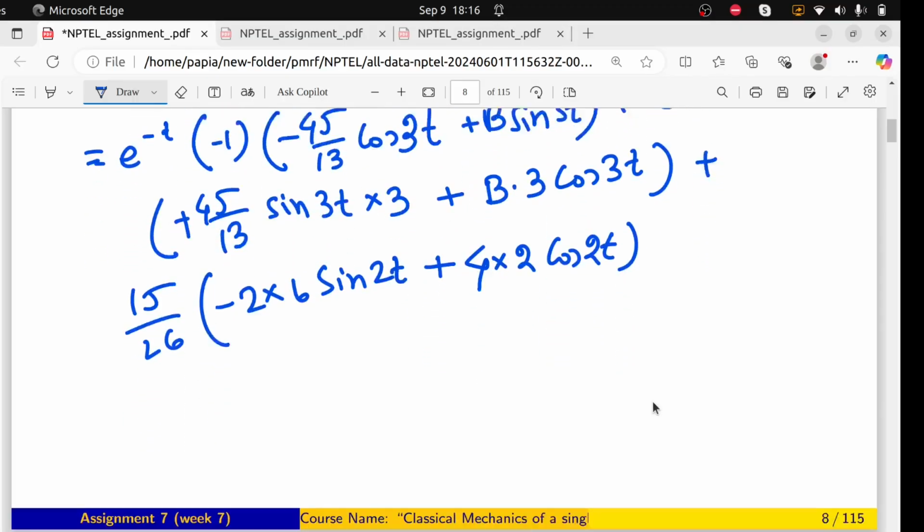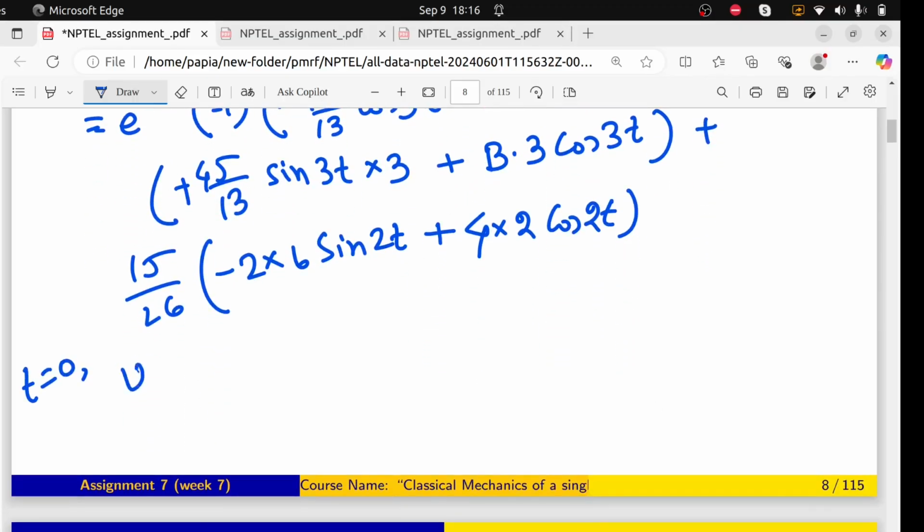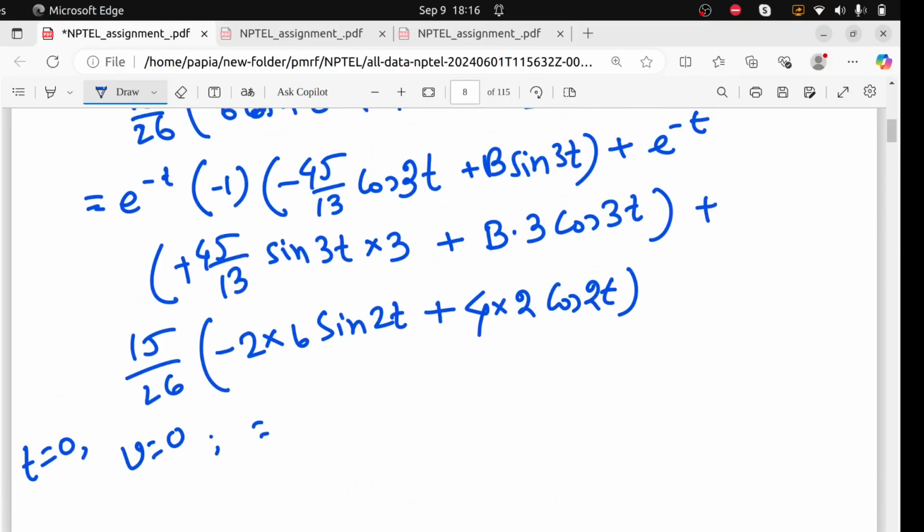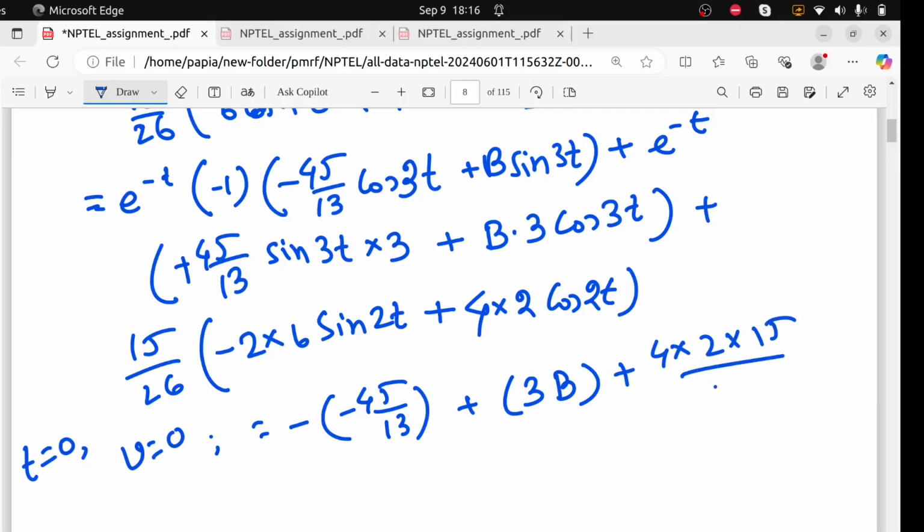At t equals 0, v is 0, so you can see here minus 45 by 13 plus, with e to the power minus t equal to 1, 3b, then plus 4 into 2 into 15 by 26.